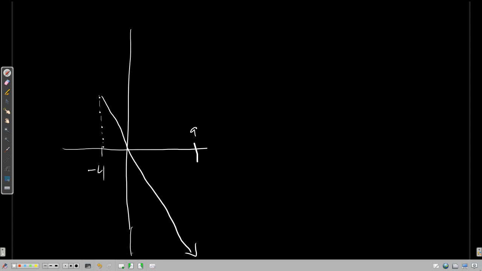Once again, I'm going to get a negative number. I know that this triangle down here has a base of 9 and a height of 18. It has a height of 18 because this function is minus 2x, so right there is minus 18.